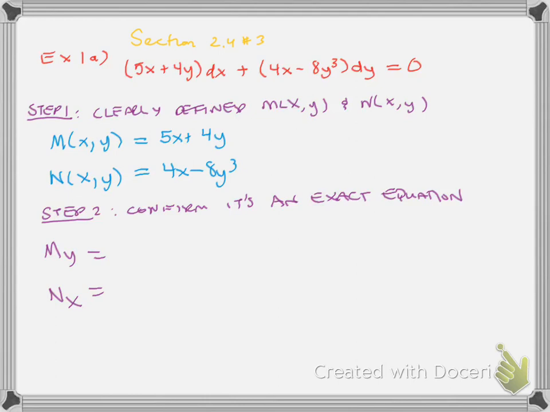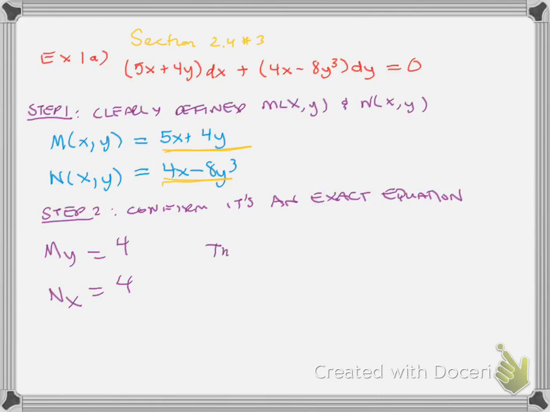All right, so M_y in this case. Again, we treat x as a constant, and so the partial derivative with respect to y would just be 4. Similarly here, we're taking it with respect to x, so y is treated as a constant, and what do you know? We get 4.